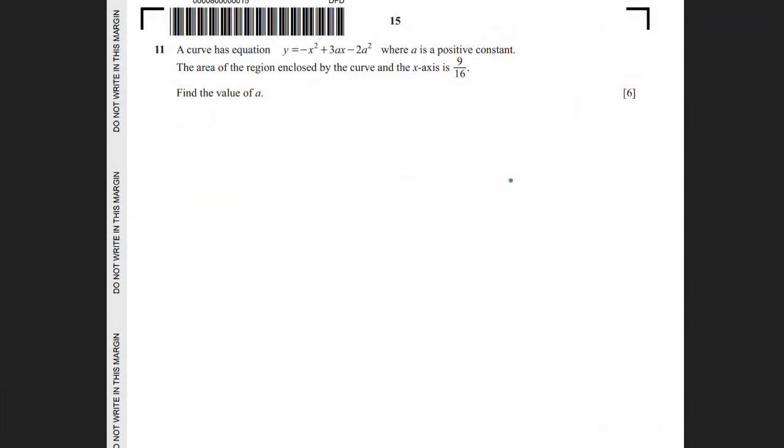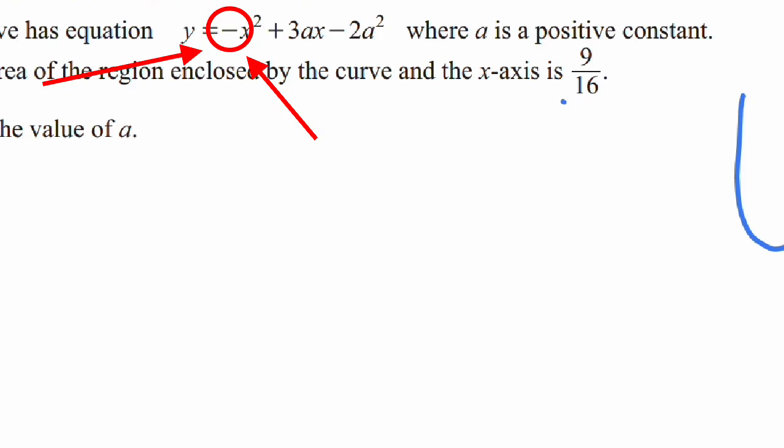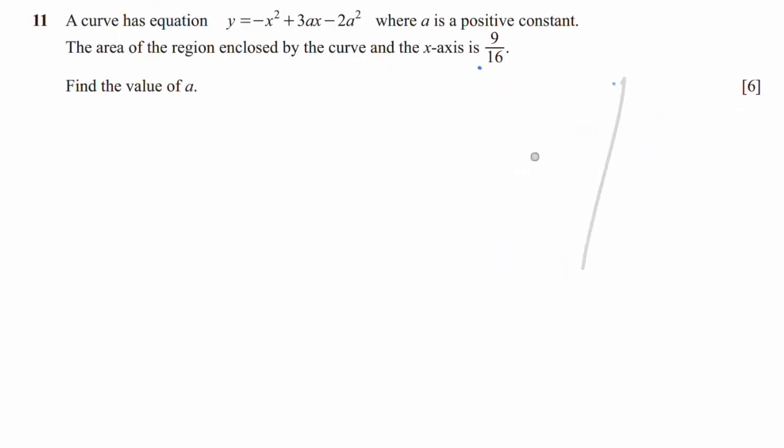Okay. Whoa, what is this? A curve has equation y equal to this, where a is positive. The area of the region enclosed by the curve and the x-axis is this. Okay, so suppose we have a graph, and this is how it looks.